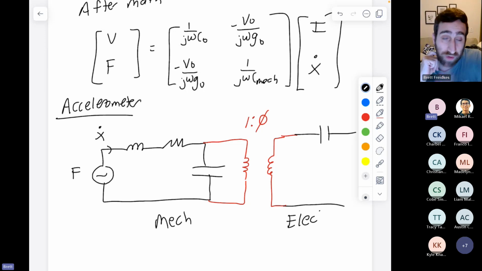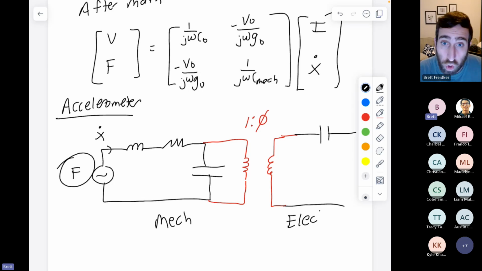And by doing that transformation, you can relate force to voltage, which ultimately gives us that open circuit sensitivity.